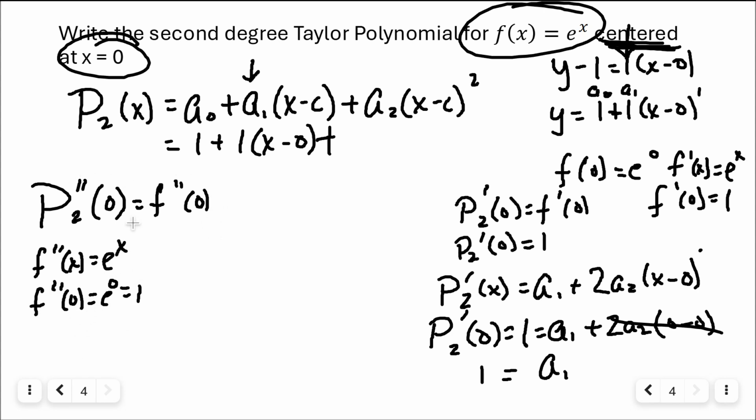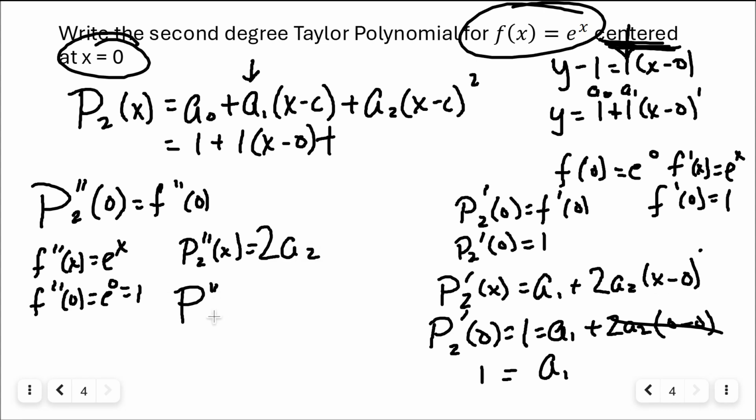Now I need to find p double prime of x. The derivative of a0 is 0. Here's the first derivative, so the derivative of a1 is 0, and the derivative of 2a2 times x will be 2a2.